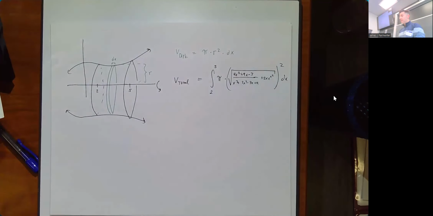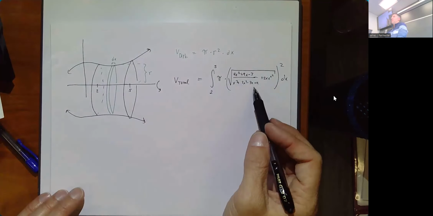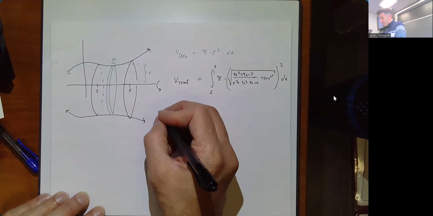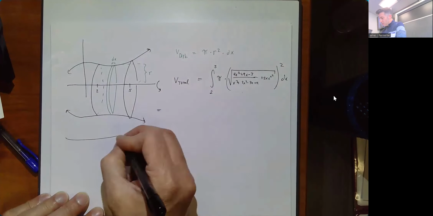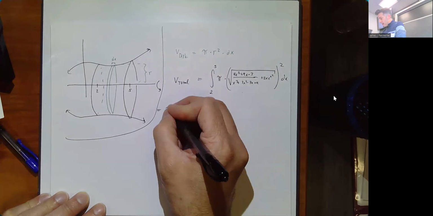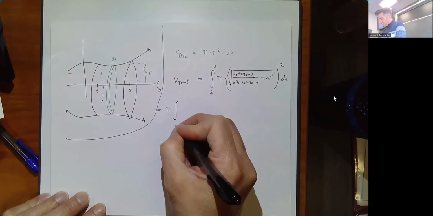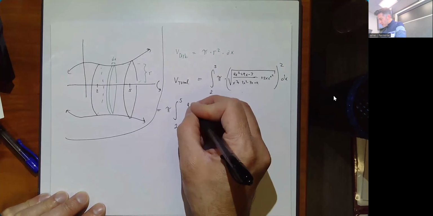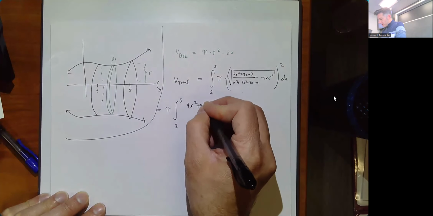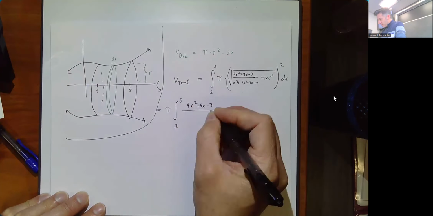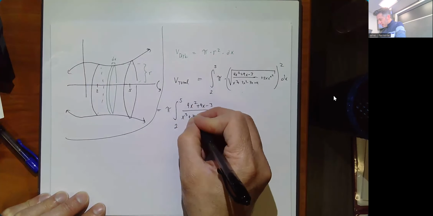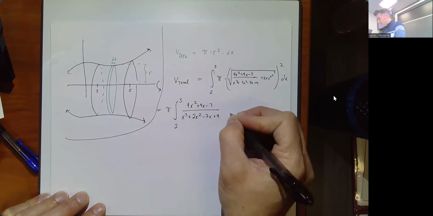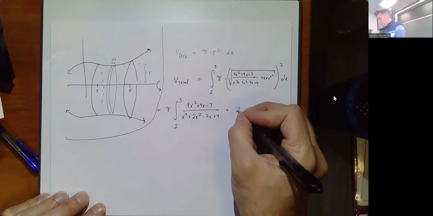But when you square the square root, they undo each other. So we're really finding pi times the integral from 2 to 5 of 4x squared plus 9x minus 3 over x cubed plus 2x squared minus 7x plus 4, plus this piece over here.